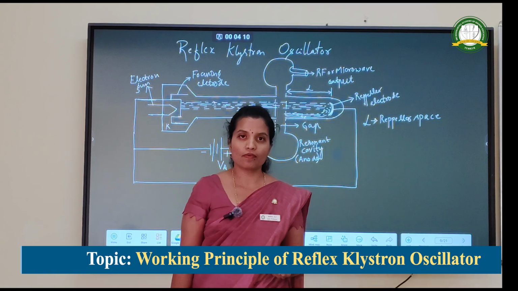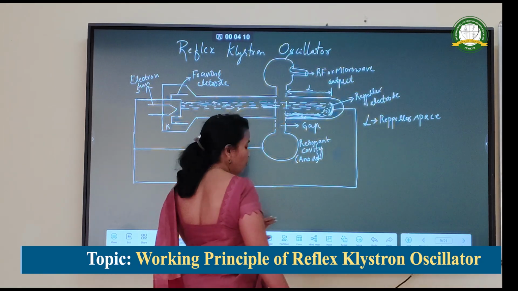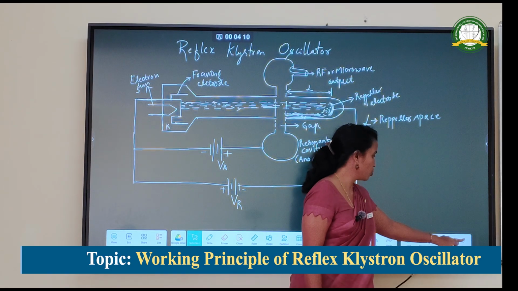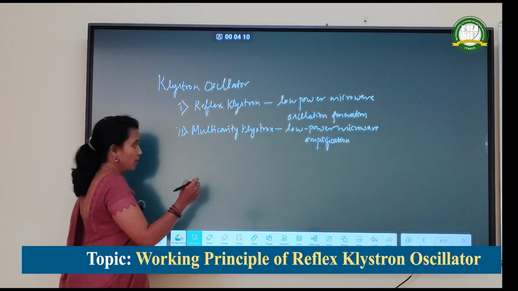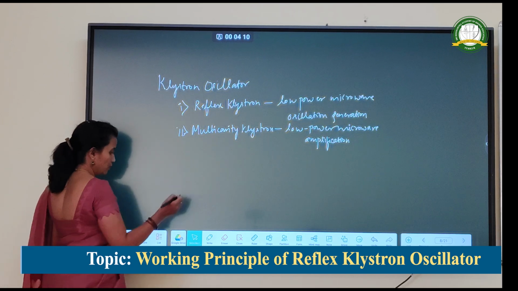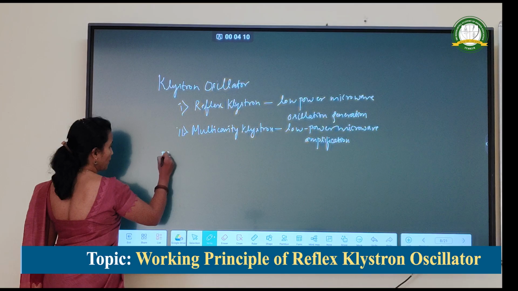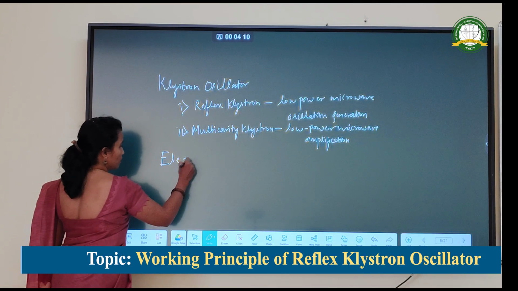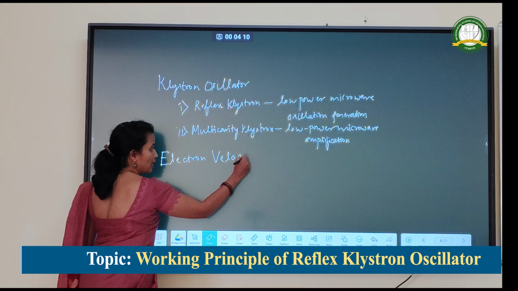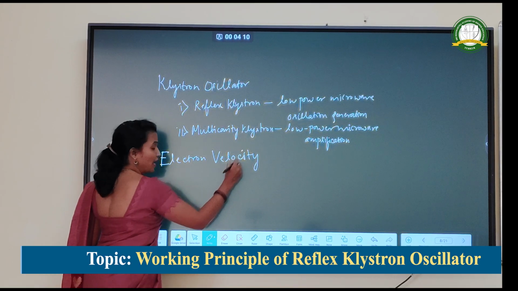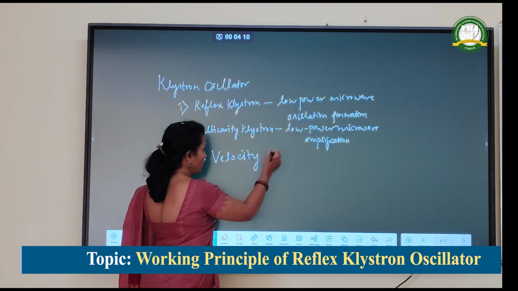Microwave vacuum tube devices operate on the principle of electron velocity modulation. Electron velocity modulation is the main principle on which the microwave tubes operate.